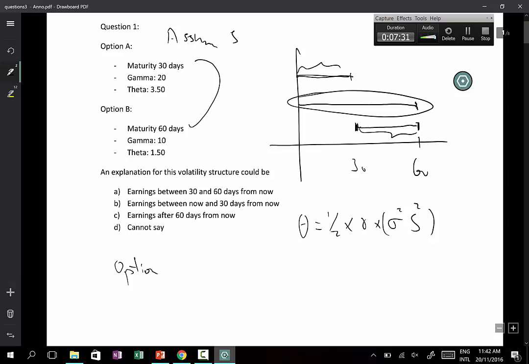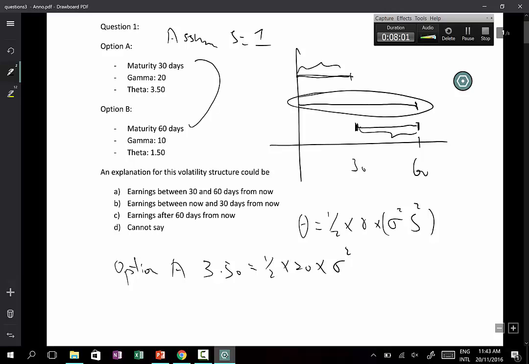It doesn't matter, we don't know what the share price is, but you can get rid of that quite easily. So if the share price was $1, then for the first option, the theta, $3.50, is equal to a half times gamma, which is 20, times sigma squared.